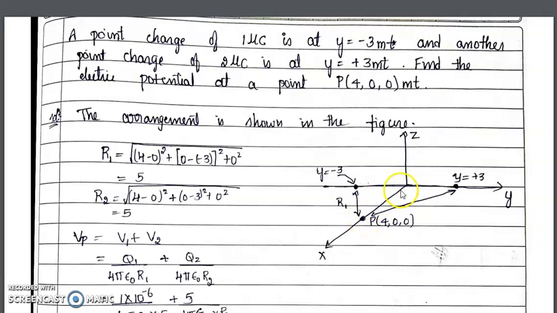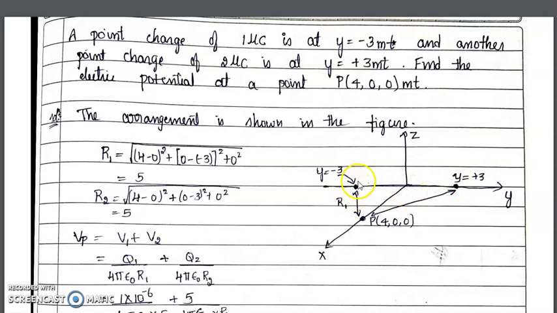Now, this is the 1 microcoulomb charge, this is the 2 microcoulomb charge, and this is point P (4, 0, 0), which is on the x axis. To find potential, you know the equation for potential is Q by 4 pi epsilon naught into R. So the potential at point P will be the effect of the potential due to this charge plus the potential due to this charge.